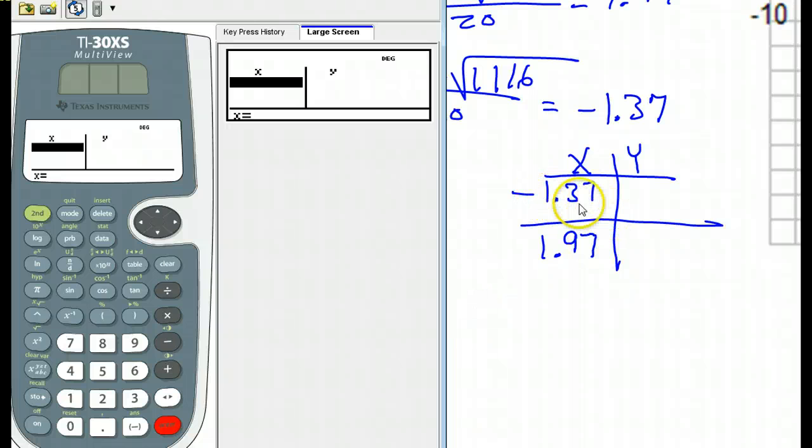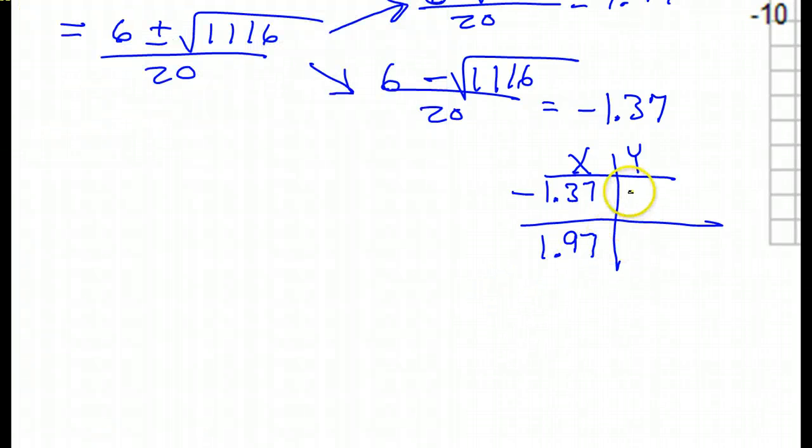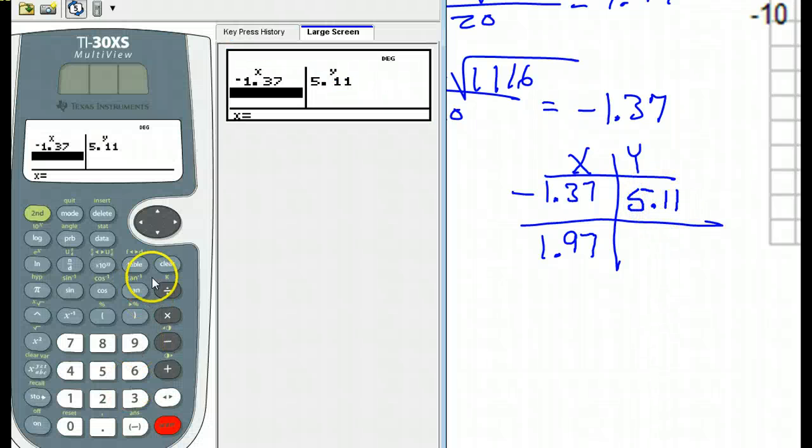So I want to use negative 1.37, and that gives me 5.11. And I want to use 1.97, and that gives me negative 4.91.